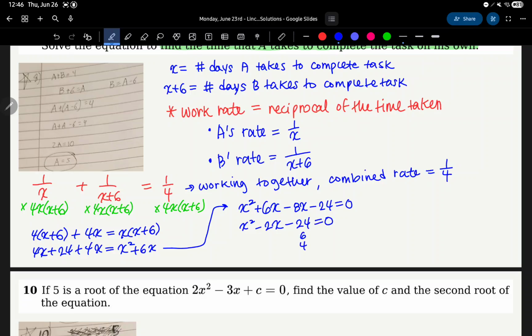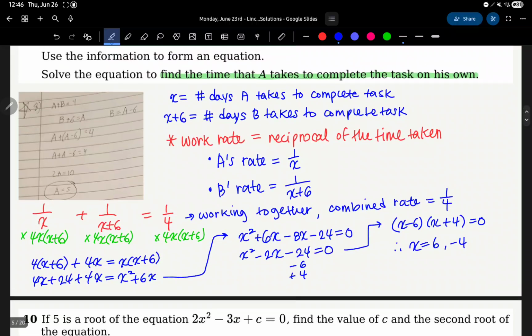And the factors are going to be 6 and 4. So our factorized equation is going to look like x minus 6 times x plus 4 equal to 0. And our two values of x are 6 and minus 4.